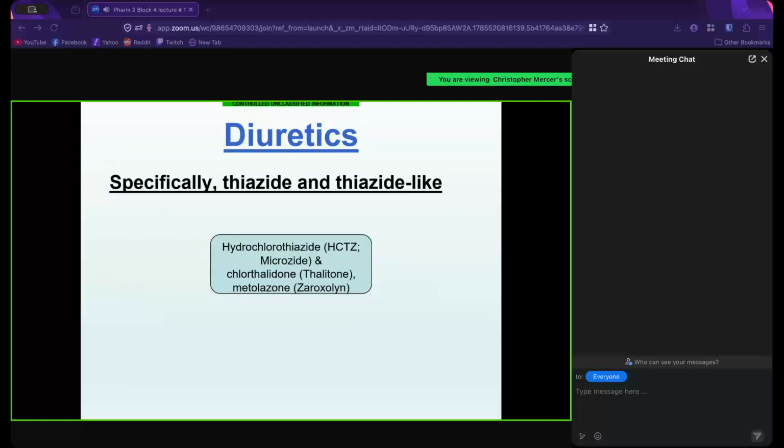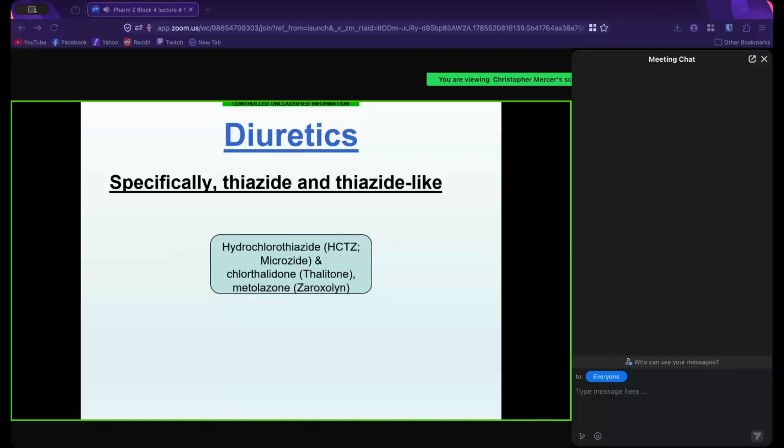Starting with diuretics, specifically this class of diuretics we're thinking of with hypertension. Our other classes of diuretics come into play if there's a contraindication to thiazides in hypertension, or when we start talking about comorbidities. Specifically, some are more recommended in things like heart failure, or heart failure with reduced ejection fraction.